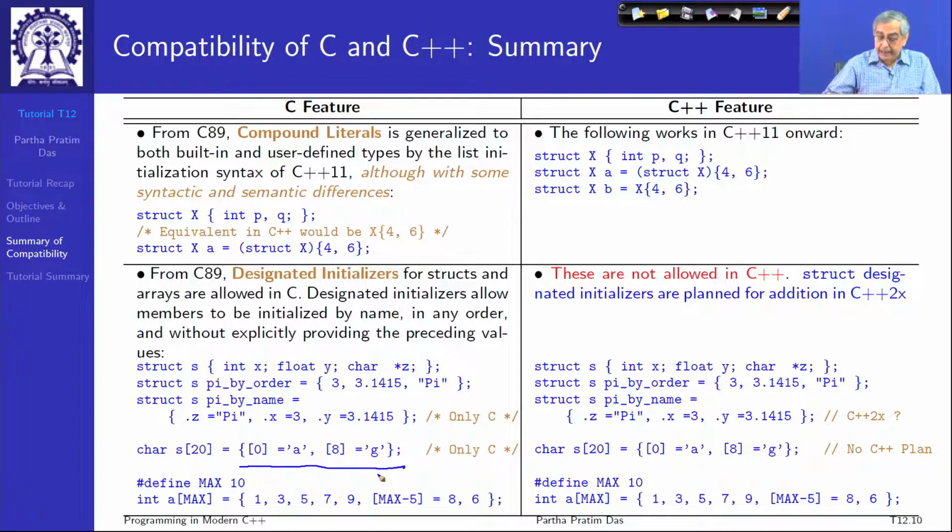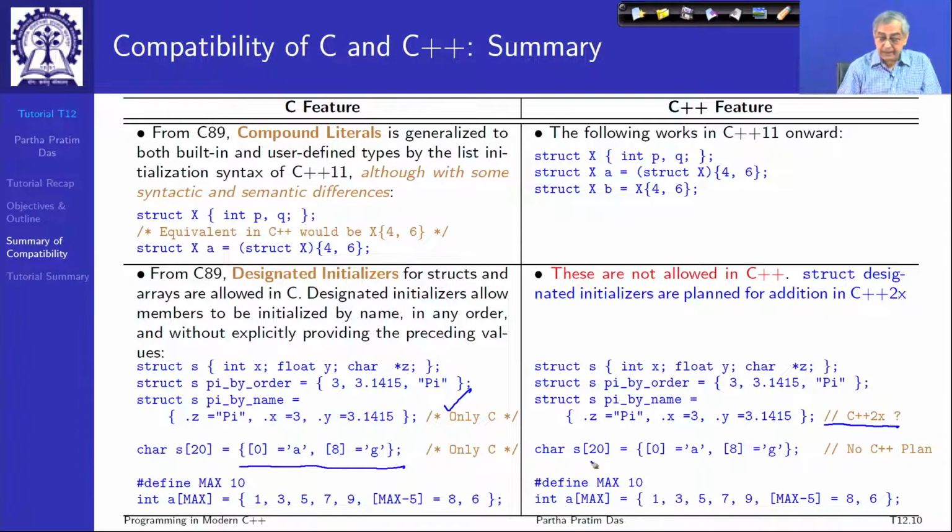So, designated initializer for struct is not supported in C++ 11, C++ 14, C++ 17 and so on. There is some plan to add this in C++ 2x in future releases, but we still do not know when it might be coming.